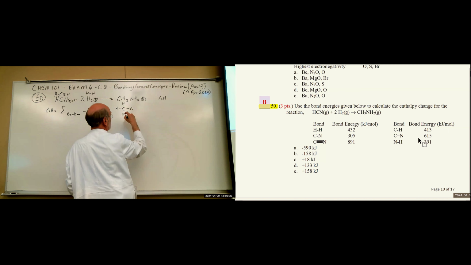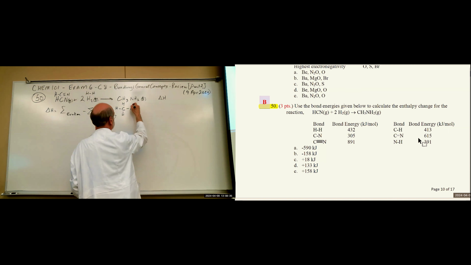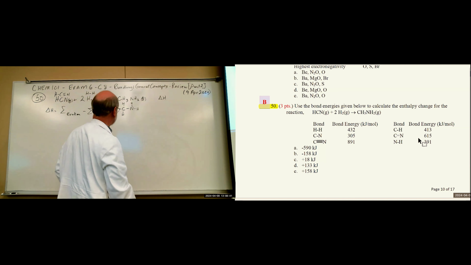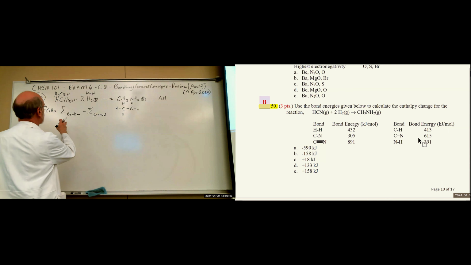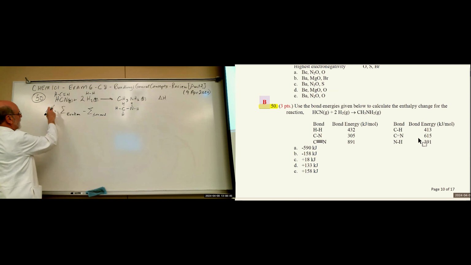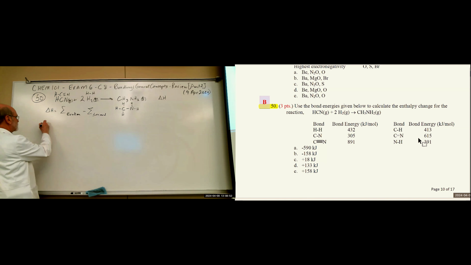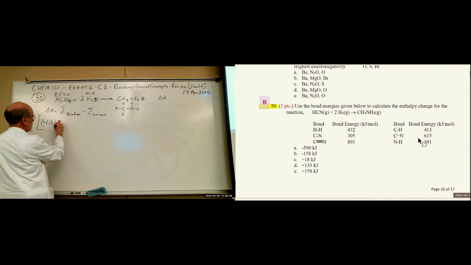And then this one with a hydrogen here and hydrogen there. Okay, so bonds broken. We're breaking a carbon-hydrogen bond. Carbon-hydrogen is 412. These are the bonds broken.